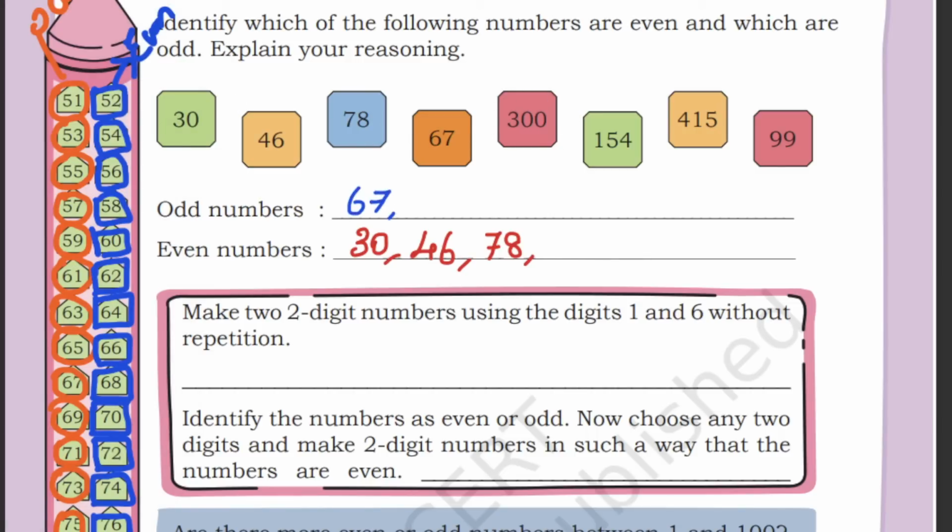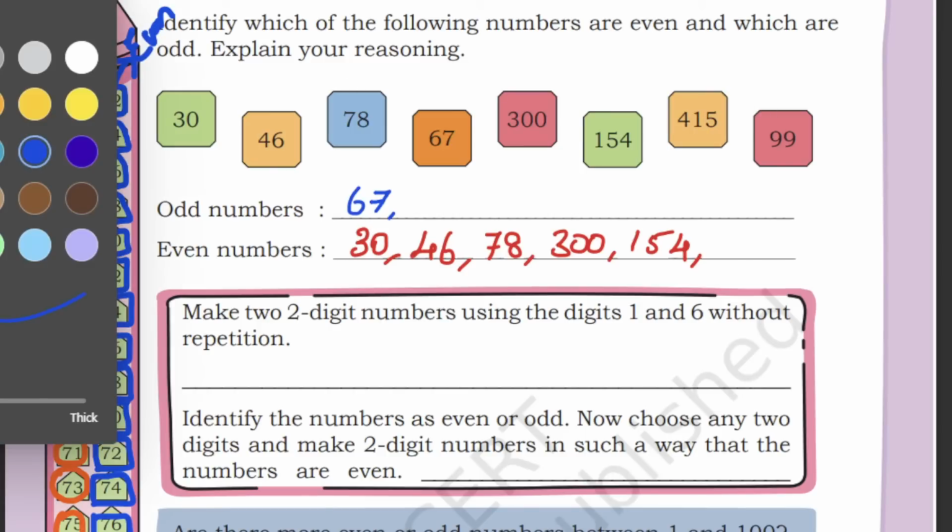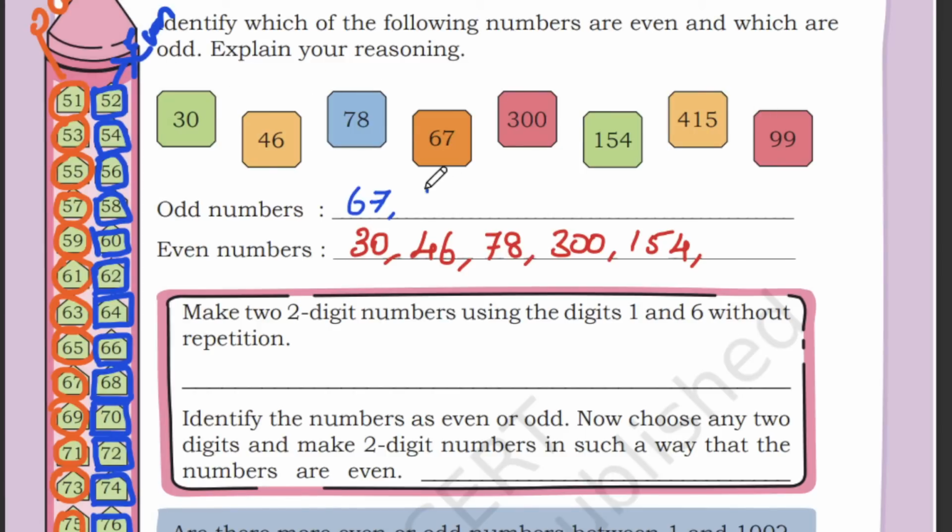Next we have 300, ending with 0, an even number. Next we have 154 ending with 4. Next we have 415 ending with 5. It's an odd number. And next we have 99 ending with 9, also an odd number.